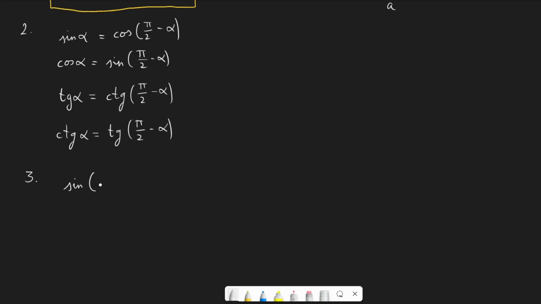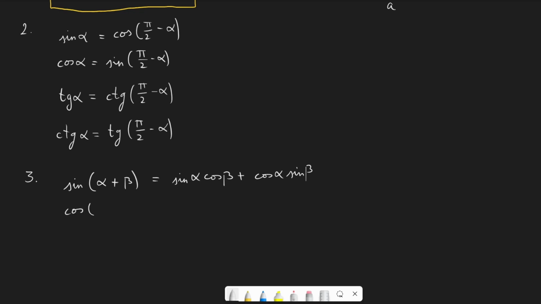So we are taking the sine of, let's say, alpha plus beta, so the sum of two angles, and this can be expressed by the separate sine alpha, sine beta, cosine of alpha, and cosine of beta. So it will be sine of alpha times cosine of beta plus cosine of alpha times sine of beta.